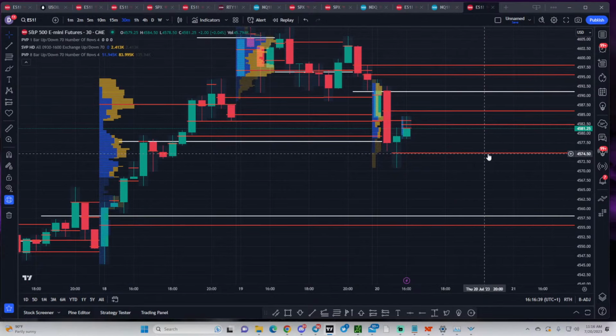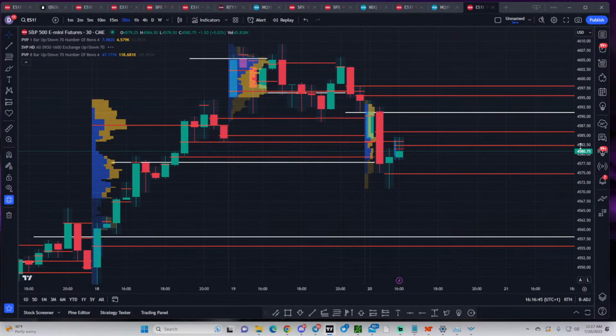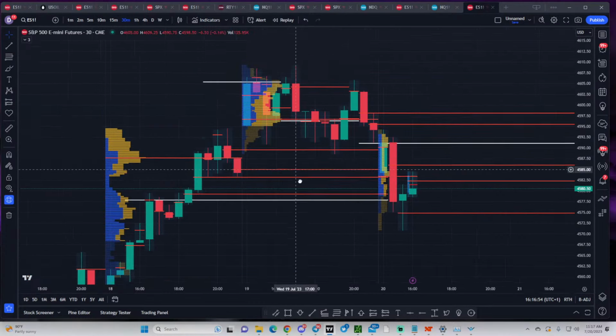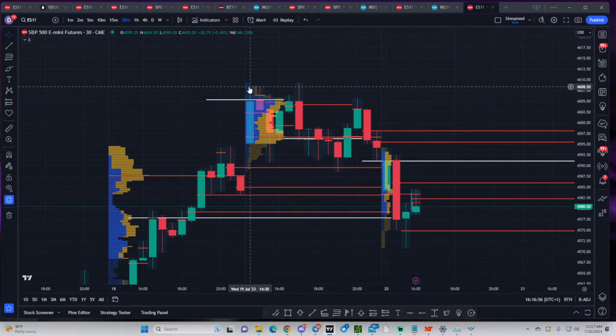The 30-minute POCs are, I guess you can call it pink or red, whatever color you want to call it. All right, and the volume profile for the session is right here.